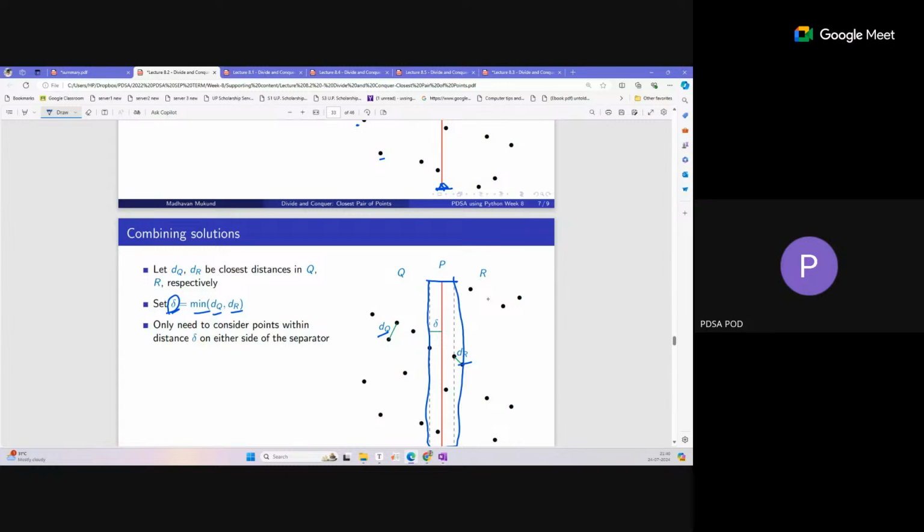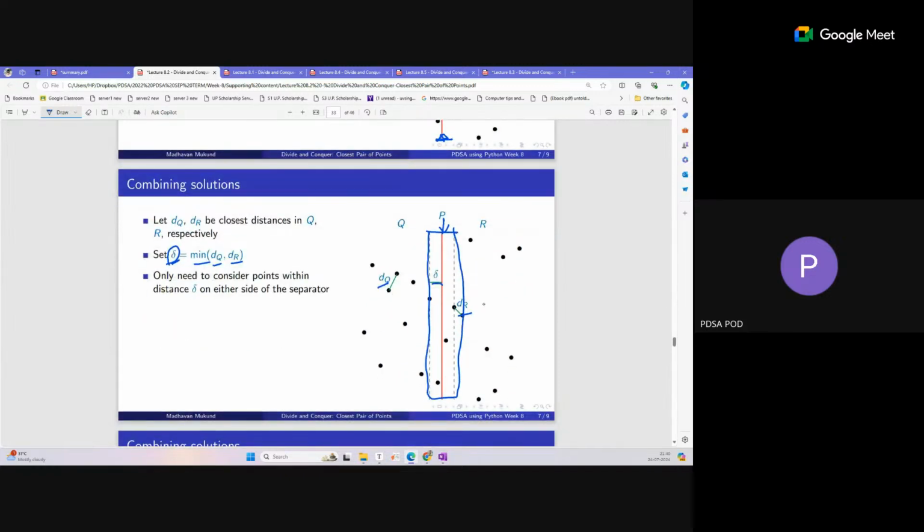Now from the border, we will only look at the area delta on the left and delta to the right. We only look at this area, because if any points are coming from outside of this, you will not get a closest distance for them. If any points are coming in this area, then there is a chance you will get a closest distance compared to this delta.